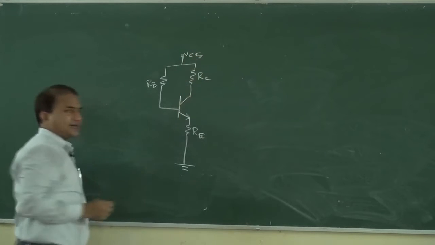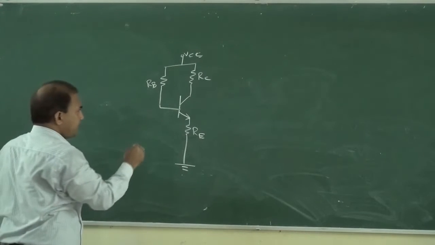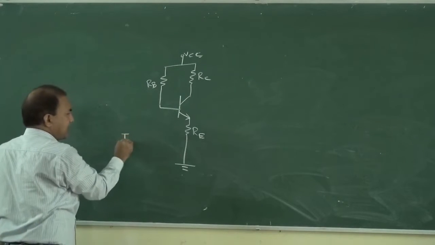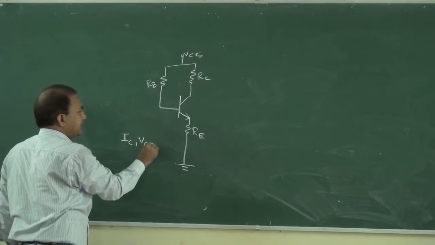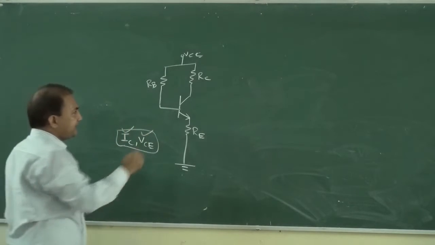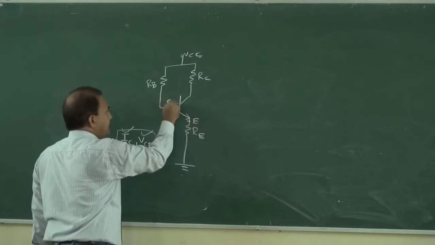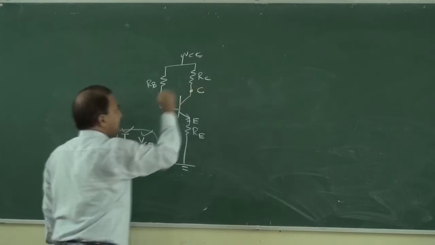So this is the circuit diagram of emitter bias circuit. Okay, so we have determined IC and VCE. Okay, now how we can determine voltage at point E, voltage at point B and voltage at point C.